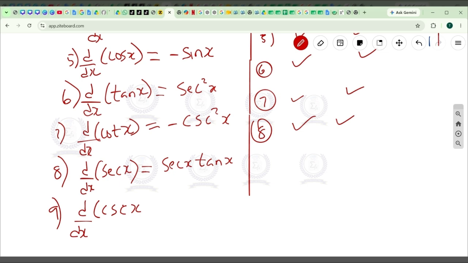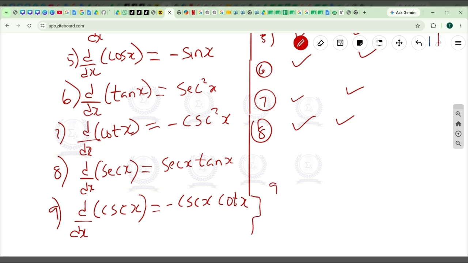So if we are differentiating cosecant x, what you have is negative cosecant x cot x, also a trig function. Cot is just simply cotangent.